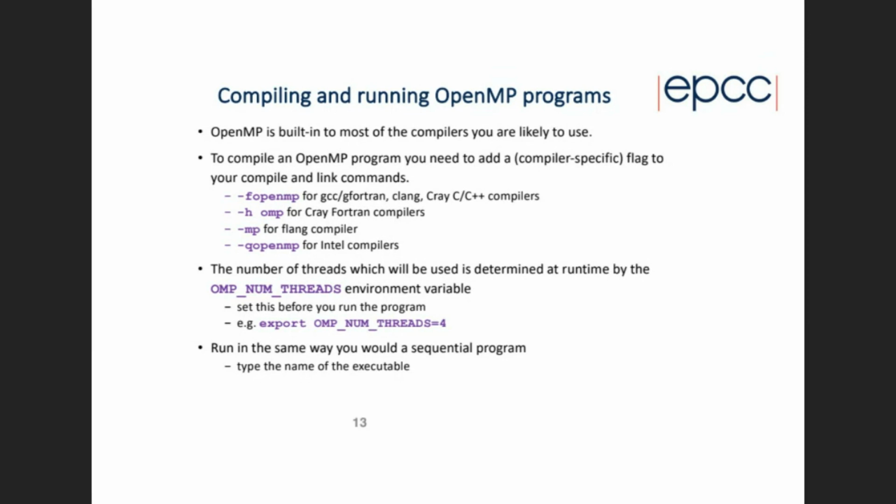And then when you run it, you just run it in the same way as you would run a sequential program. You just type the name of the executable. There's nothing different to running sequential programs in that respect. It's not like MPI. OpenMP doesn't require a launcher program like mpirun or anything like that.